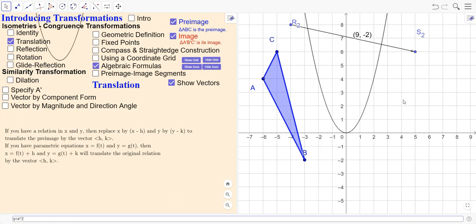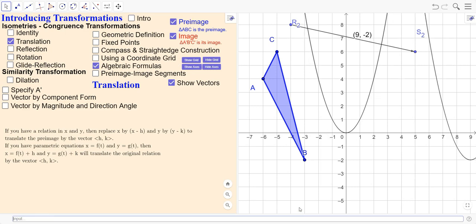If we think of that as the pre-image, the pre-image set figure, right, set of points, and I want to translate that by the vector, say 9, -2, I take my formula and where the y was, I put y minus -2, which is y plus 2, equals x squared, and I replace x by x minus 9.